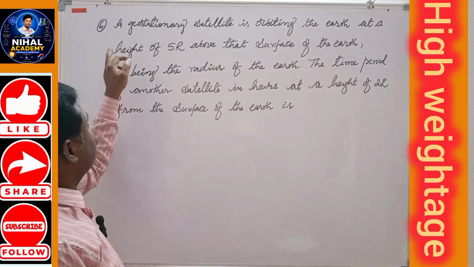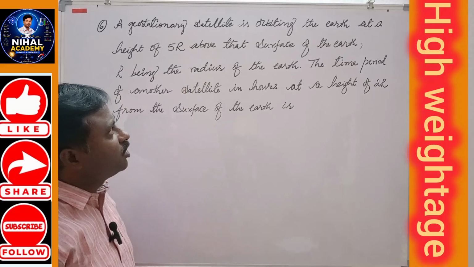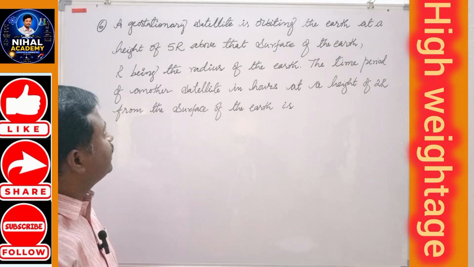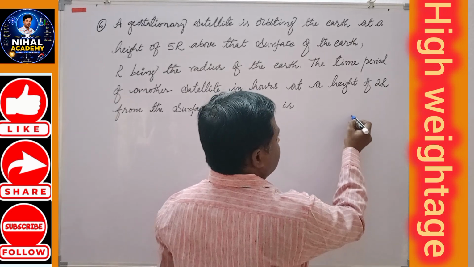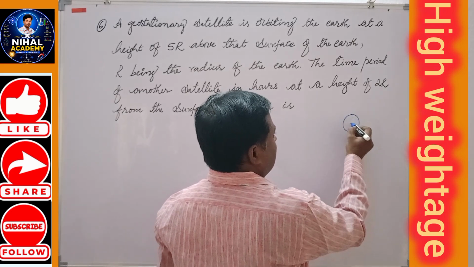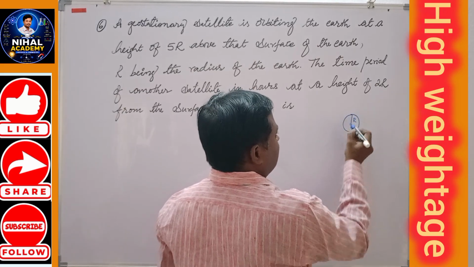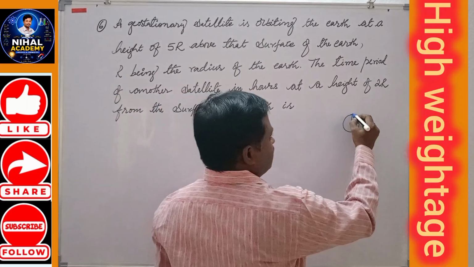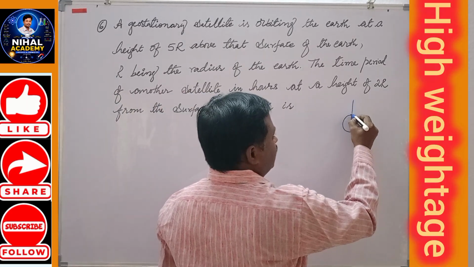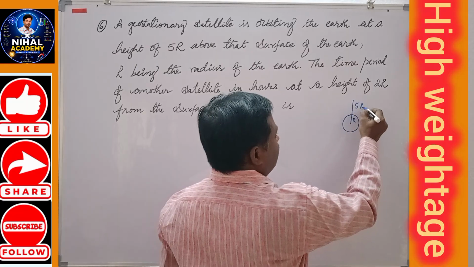Now also the sixth problem: a geostationary satellite is orbiting the earth at a height of 5R above the surface of the earth. So for example, this is the earth and its radius is R, and from the surface the first one is at 5R distance.